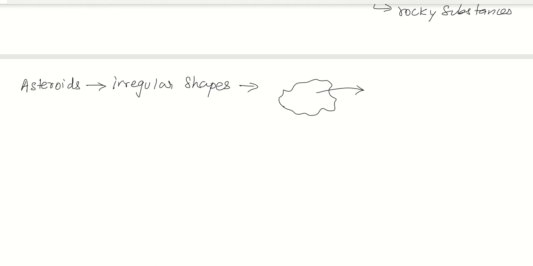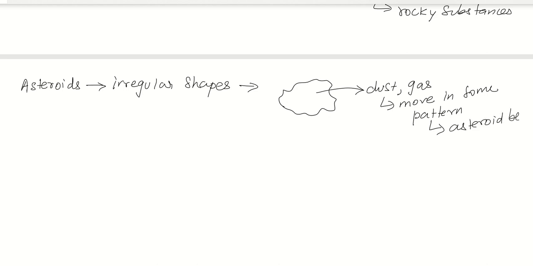So they consist of technically the dust, some gas, and they move sometimes in some pattern. These patterns are called your asteroid belt.